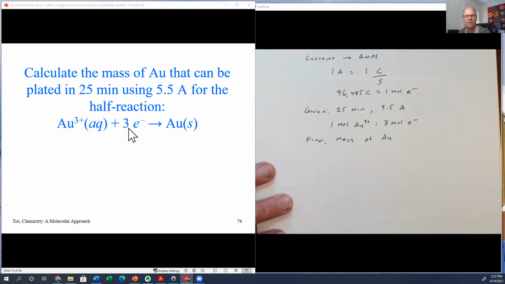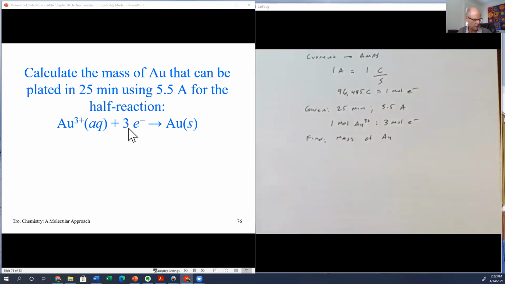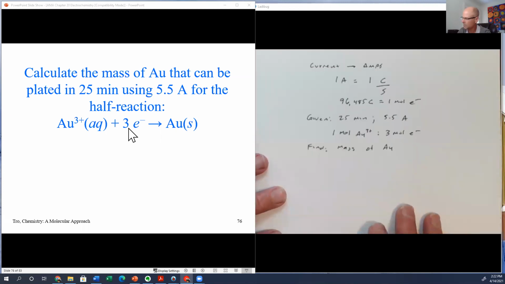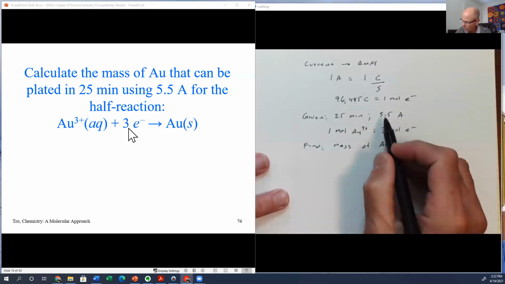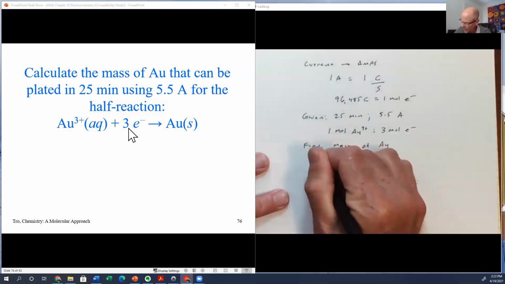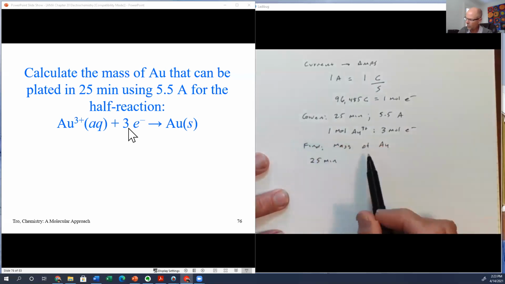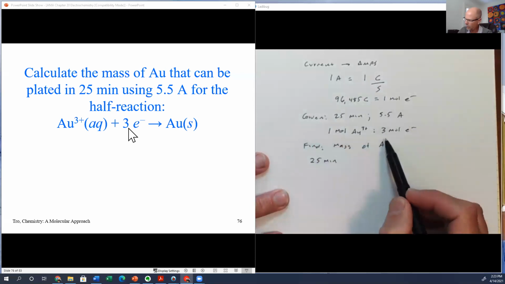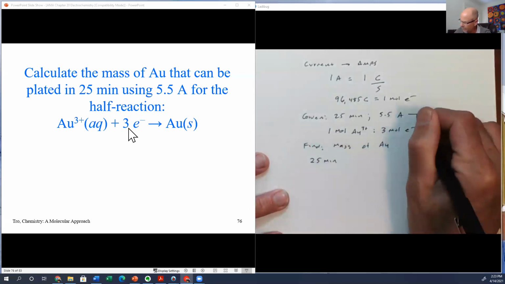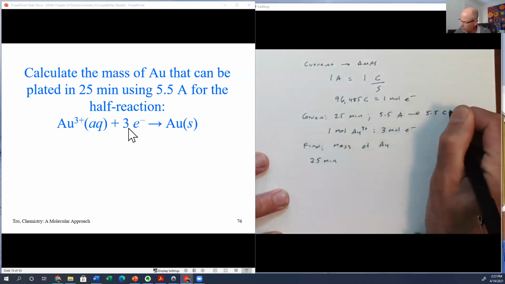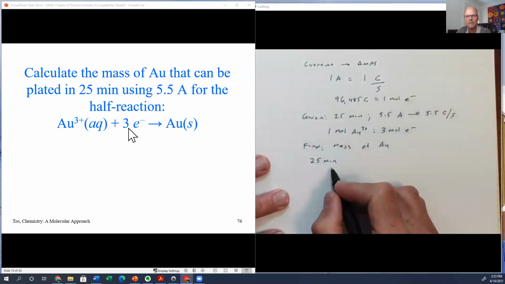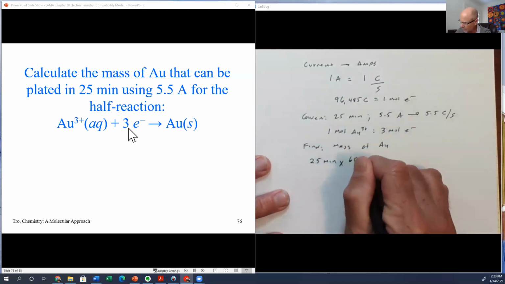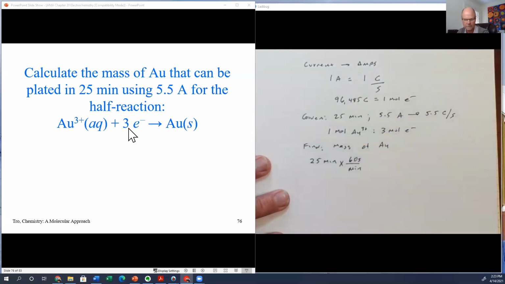You can follow the units on this one and work it like a stoichiometry problem. We start with the time, because we want to figure out the moles of electrons. We have 25 minutes, and we need it in seconds, so we convert from minutes to seconds.